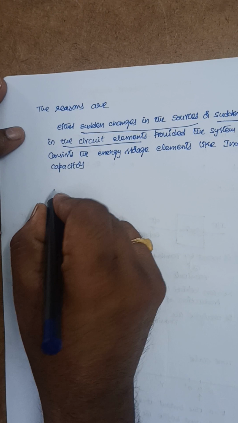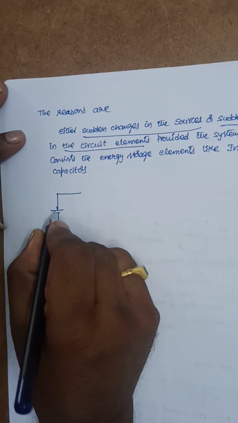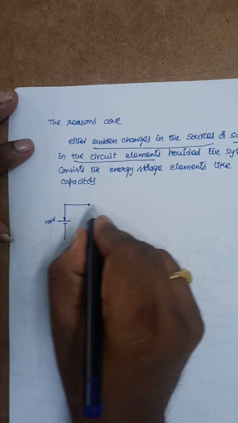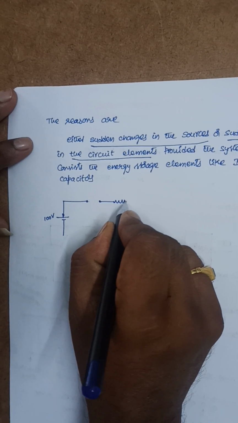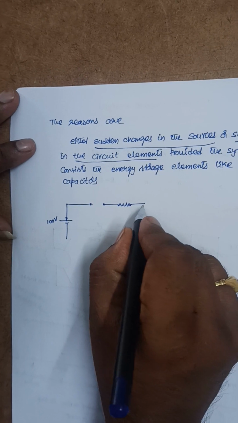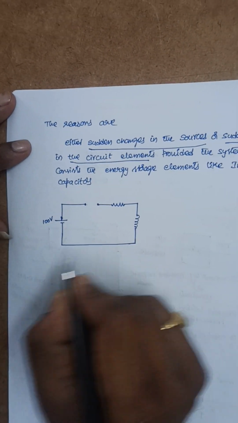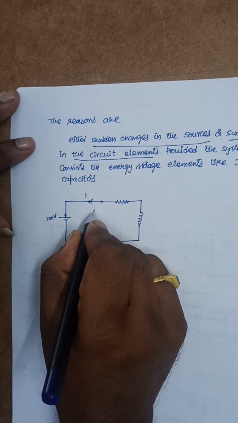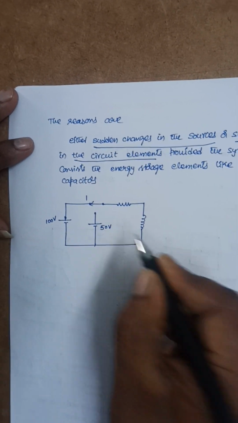Let me explain with an example here. Here you see, it is a 100 volt source. Now it is connected to an RL circuit like this, at position 1, and this is another source, here it is 50 volts.